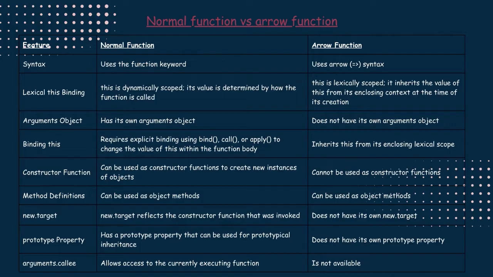But in an arrow function we can write any code in a single line with an arrow. Here we no need to write braces or the this keyword. Within one line we can access any data by using arrow functions.